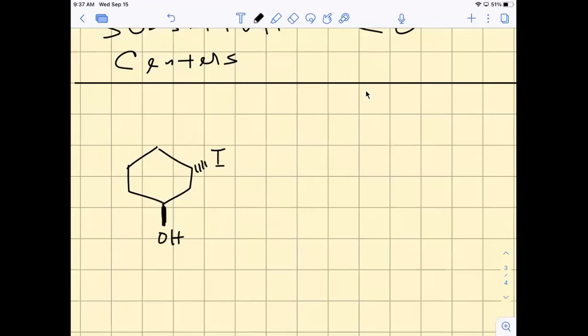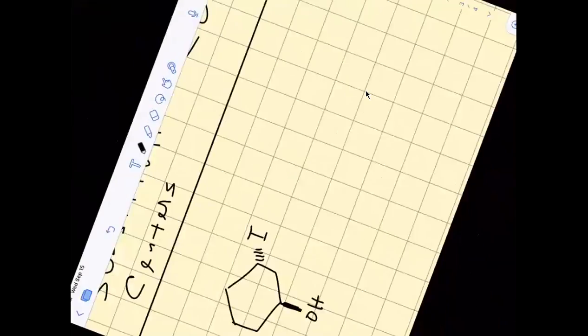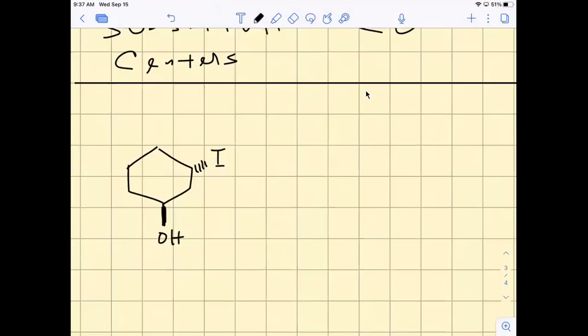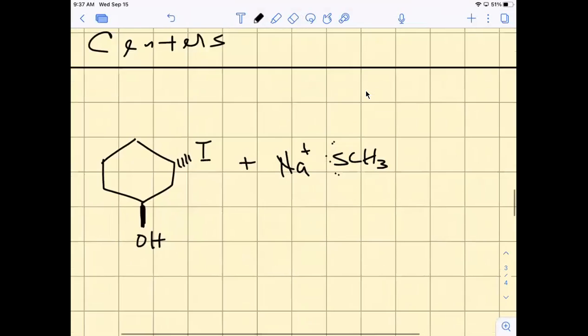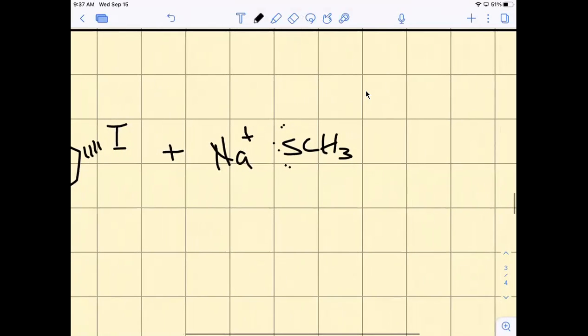We're going to say that iodine is our leaving group. You know, OH is a horrible leaving group. So iodine is going to be our leaving group. Sorry about that. And we're going to react this with this sulfur nucleophile.